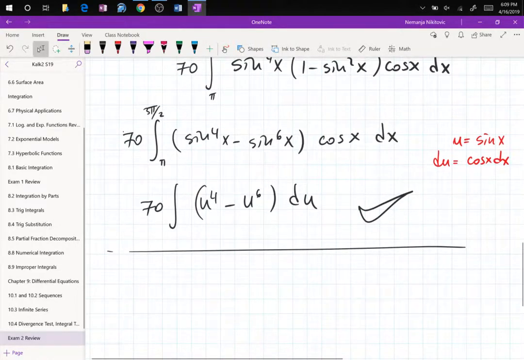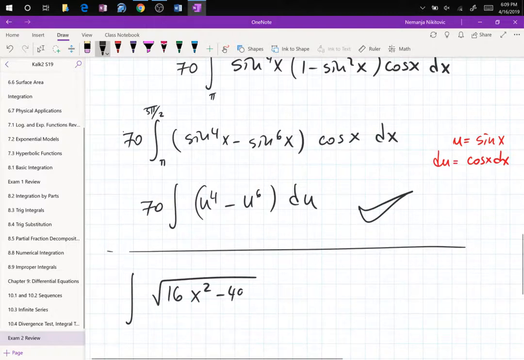Next one. Well, these are dropping like flies. Integral of 16x squared minus 49, divided by x cubed dx. That's just that the domain is x larger than 7 over 4. That quiz today was a pain. It wasn't bad.